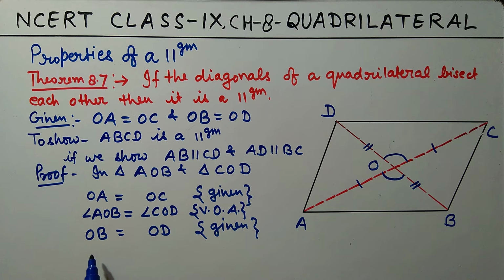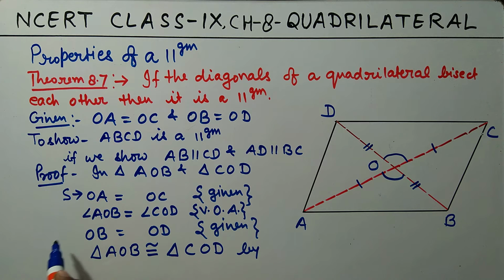So triangle AOB is congruent to triangle COD by which criteria? This is side, this is included angle, this is also again side, by SAS criteria. So triangle AOB is congruent to triangle COD.